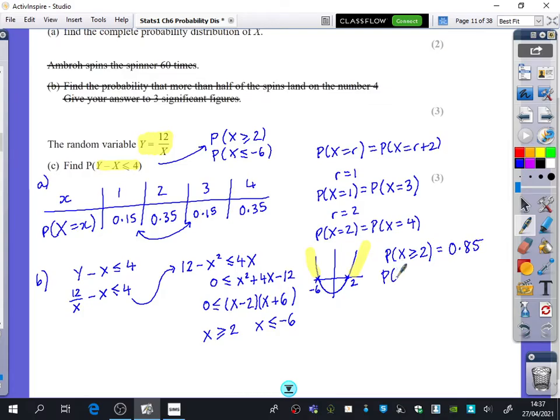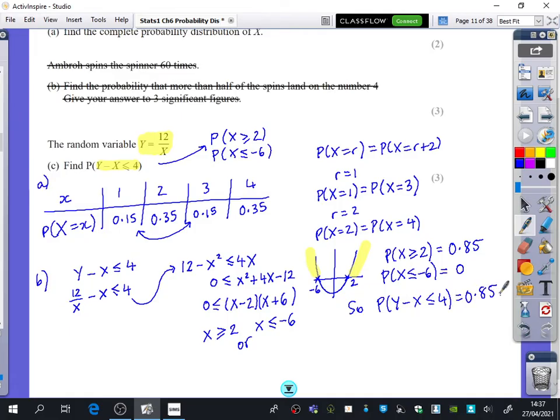What's the probability then that x is less than or equal to minus 6? It's impossible for it to be less than minus 6. There's nothing in here that is less than minus 6. You said it's an and. They can be multiplied together, right? No, I don't want both of them true at the same time, because this inequality here is actually an or one. So the probability is 0.85.